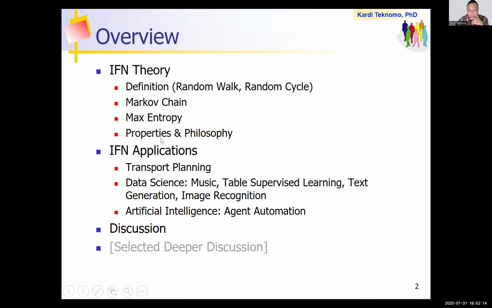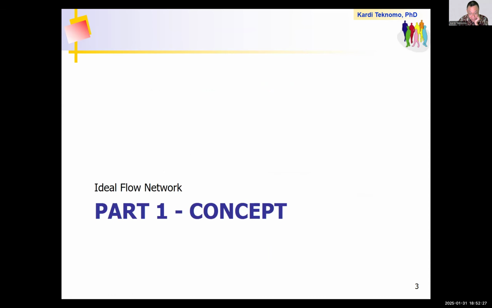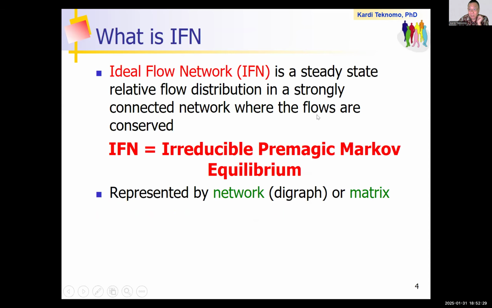So let's discuss briefly IFN theory, and then we discuss certain applications that we can use. So what is ideal flow network? Ideal flow network is basically a steady state relative flow distribution in a strongly connected network where the flow are conserved.